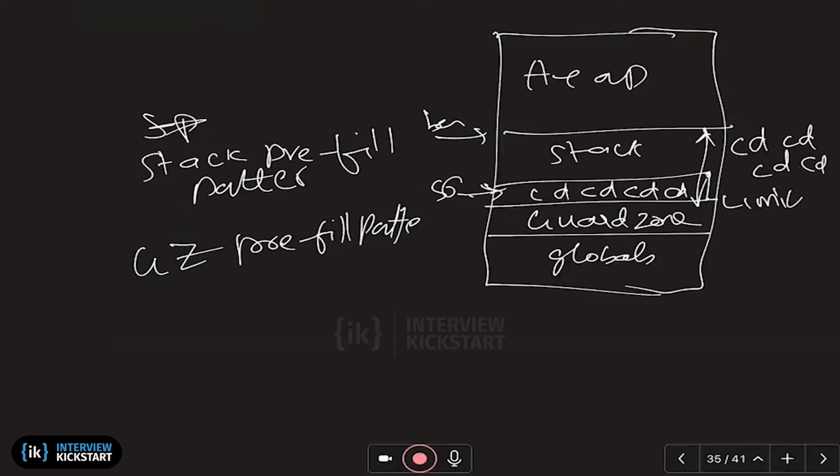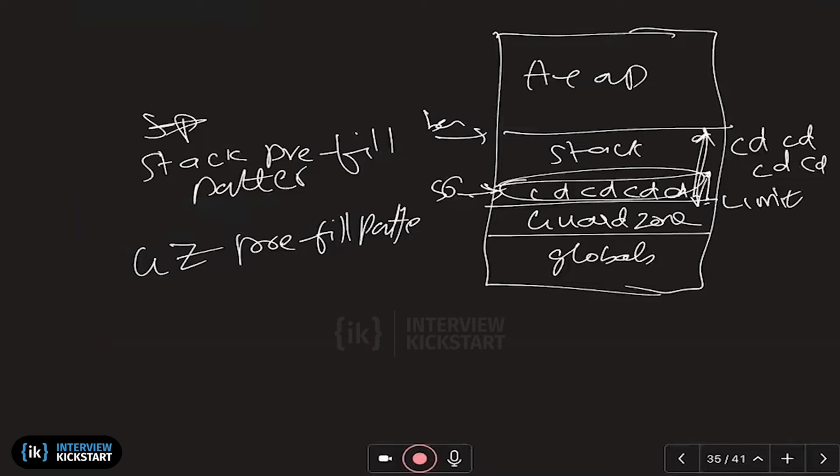So you can use this to size the stack properly and avoid stack overflow. You look for this pre-fill pattern from the limit to the current stack pointer, or the entire stack zone, and see how many CDs you see, that many bytes have not been used. So your stack can be safe, or you can reduce the stack limit, the stack size also.